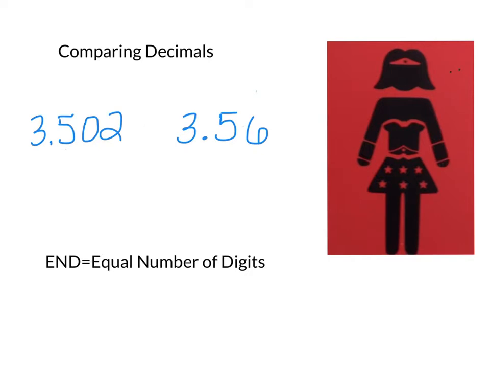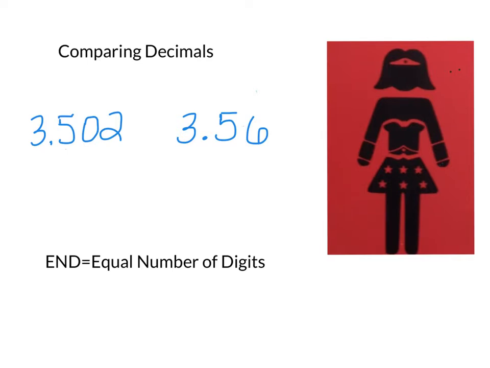All right. The second strategy is called EDN. This is where we're going to compare digits by the entire number that follows the decimal. Right now, you'll notice that 3 and 502 thousandths has 3 digits, and 3 and 56 hundredths has only 2.